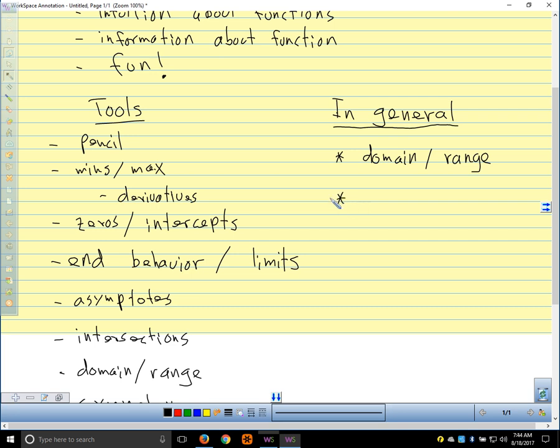I would say look at the intercepts. Look at asymptotes. Asymptotes are usually pretty easy to find for most kinds of functions, and possibly, depending on the function, symmetry.